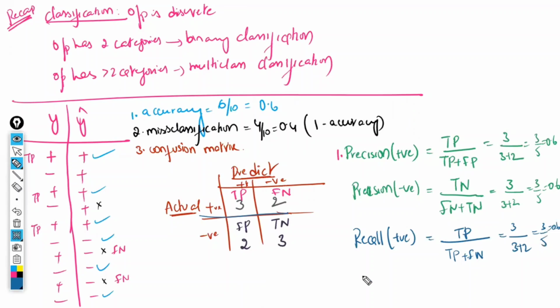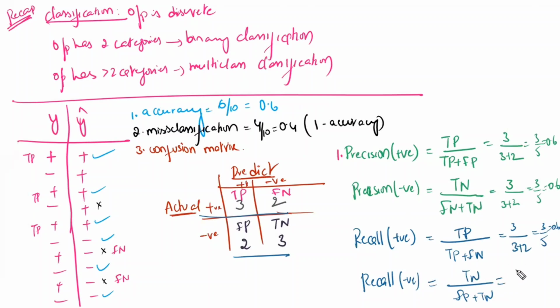And recall of negative is based on total actual negatives. Actual negatives are FP plus TN, out of which TN divided by this, that is 3 divided by 3 plus 2, which is again 3 by 5, which is 0.6.